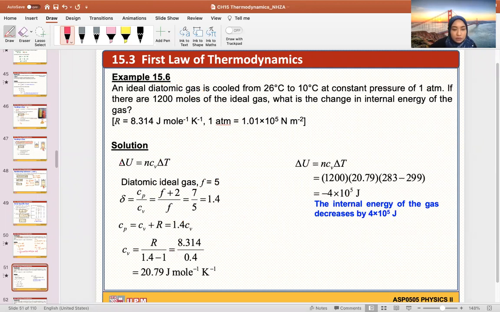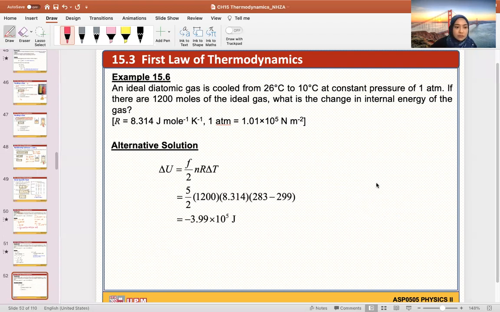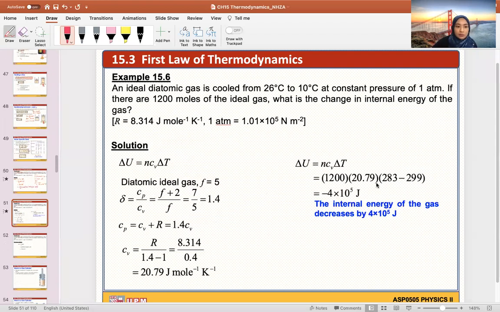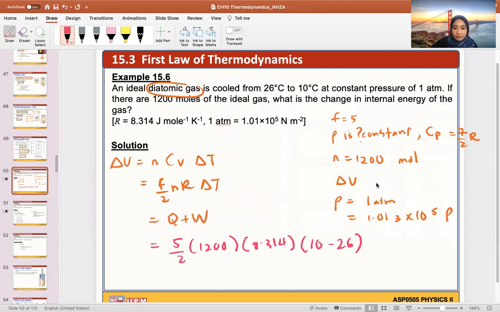Here they use delta U equals n CV delta T. So they directly use n CV, and the answer is minus 4 times 10 to the 5 joules. Let's see if it's the same.